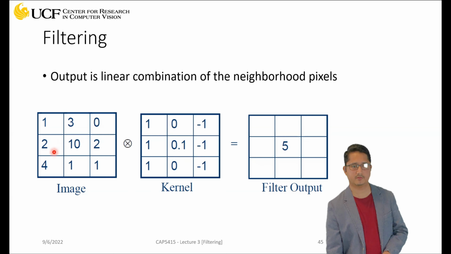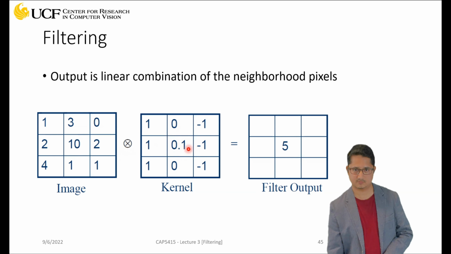This is going to give you 6, 7, if you sum up all these values, 4, 5, 6, and 7. And 10 times 0.1 is going to give you 1. So that becomes 8.